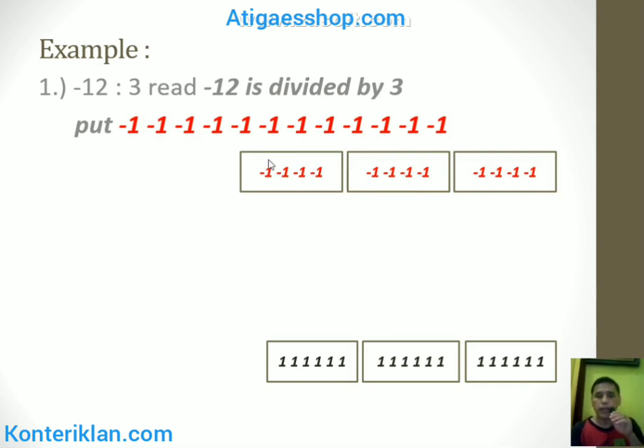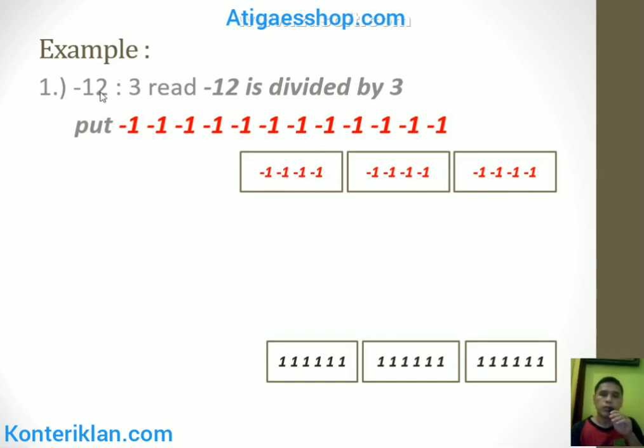So you can find that the total of negative 1s here is divided into 3 groups. Negative 12 divided by 3 groups, every group contains 4 members.